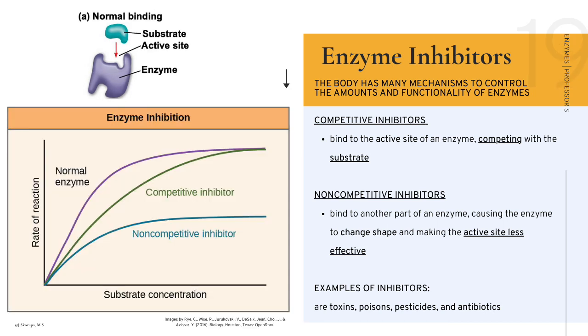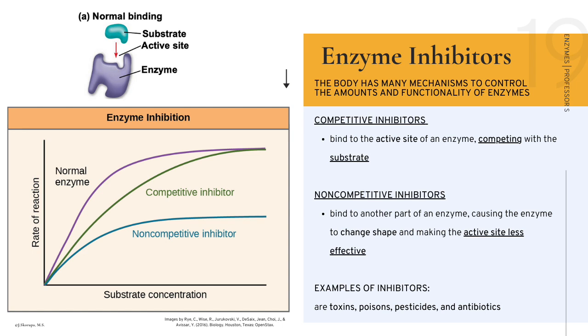It's good to be able to read and analyze various graphs in science courses. Here we see another type of graph plotting reaction rate versus substrate concentration. It's comparing the rates of reaction for enzymes with just substrate present, or with competitive inhibitor, or with non-competitive inhibitor present.